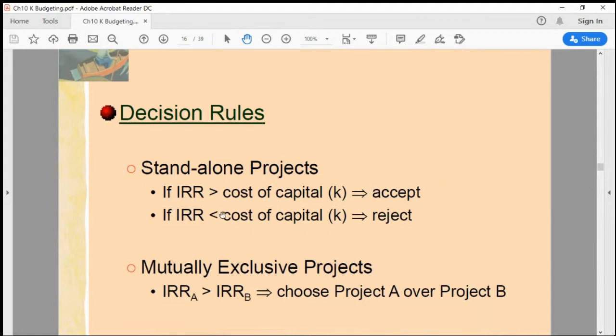If internal rate of return is less than the cost of capital, then you reject the project. Now, the cost of capital, I repeatedly said it over and over, is another name for discount rate. But then think about it.